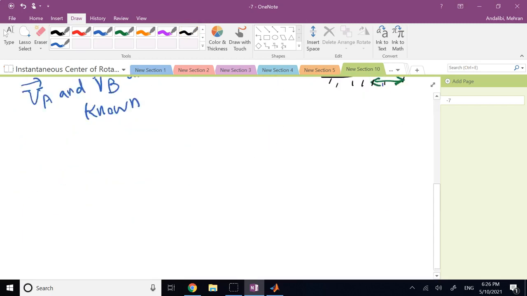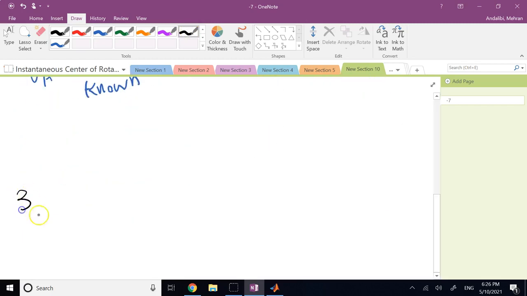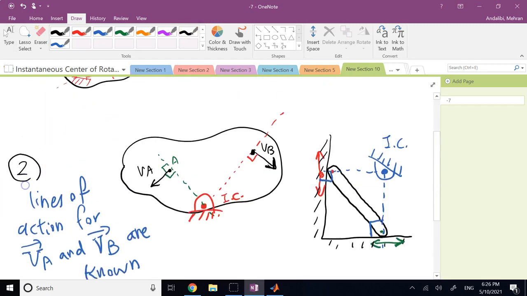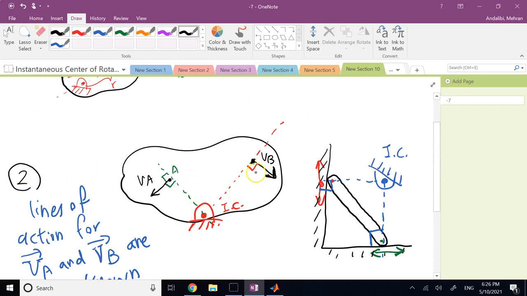And finally, the last scenario that you will see is very similar to scenario 2, but the fact is these two lines of action for VA and VB are parallel. If the velocities of 2 points on the rigid body are parallel, then if you draw two perpendiculars at those 2 points to those two velocities, they are not going to intersect at a single point.